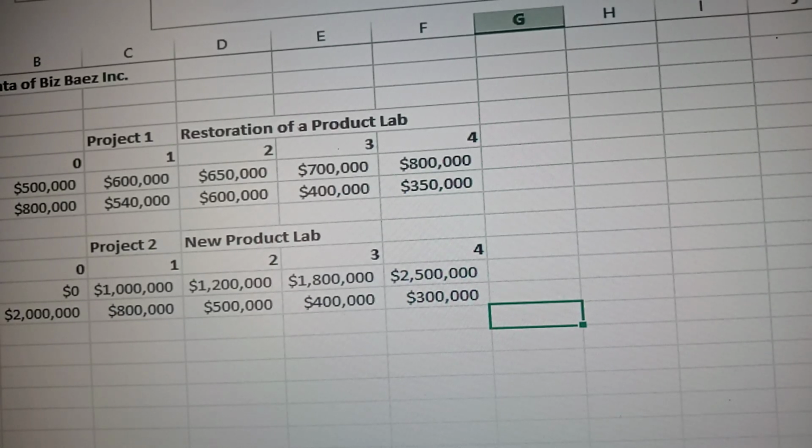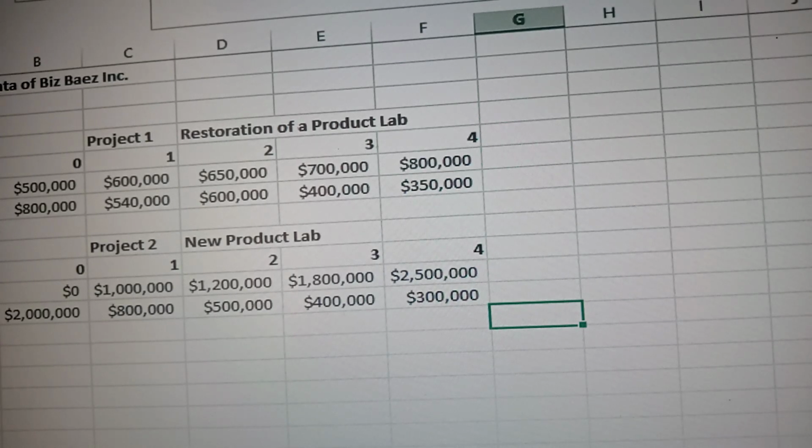Project one, they are thinking of restoring their product lab, and project two, they are thinking of abandoning the restoration. Instead of restoring the old lab, they want to see if it will be more profitable to just launch a new product lab.